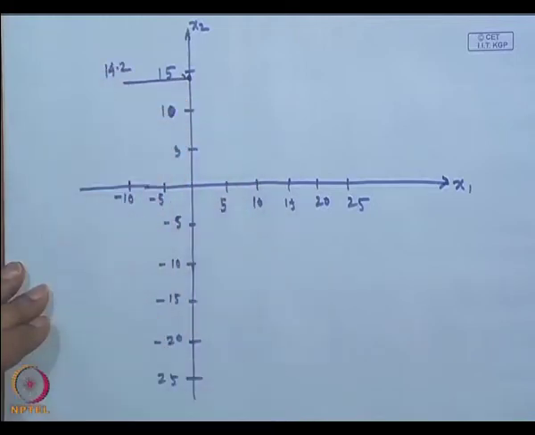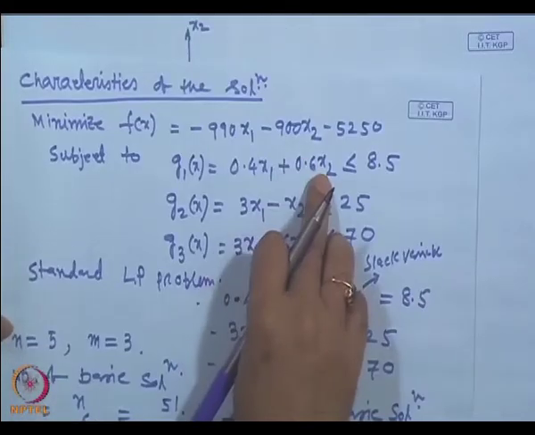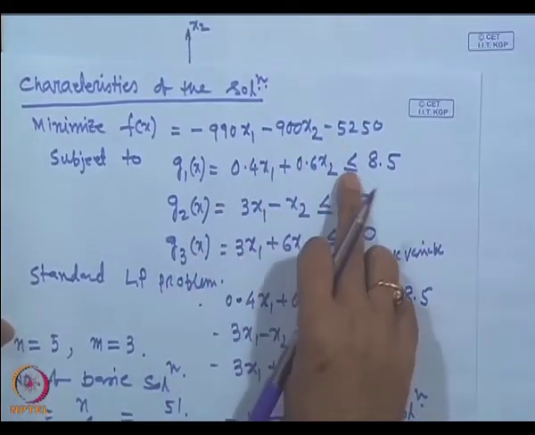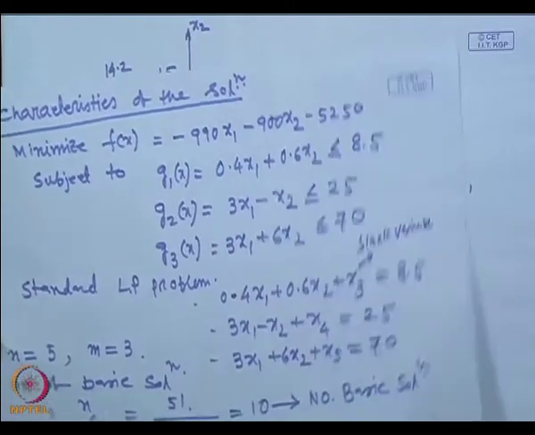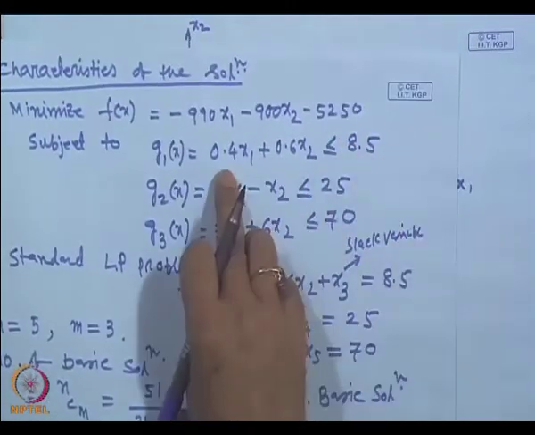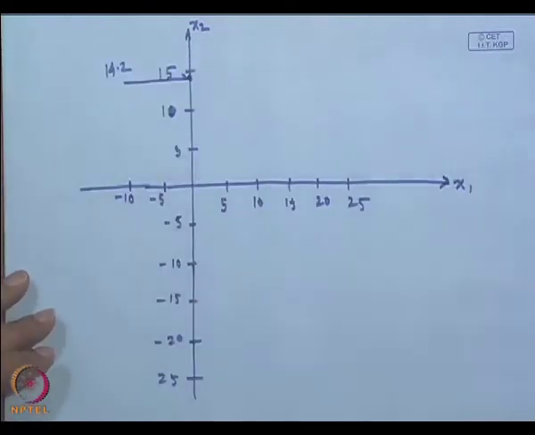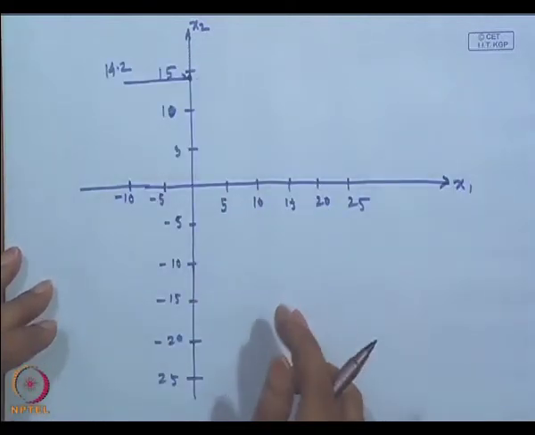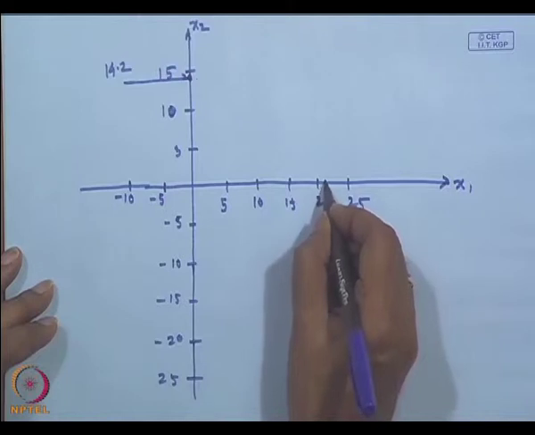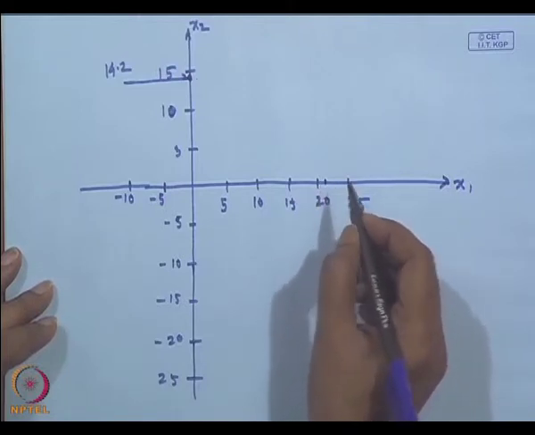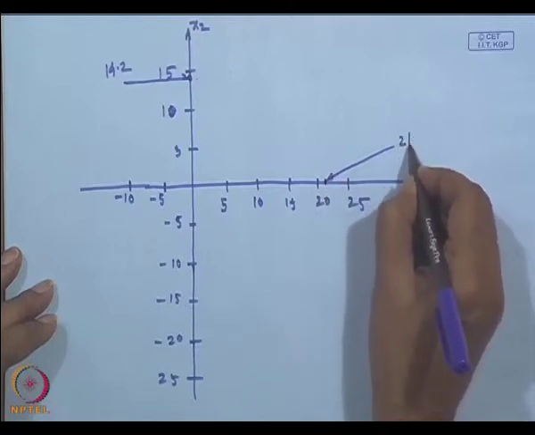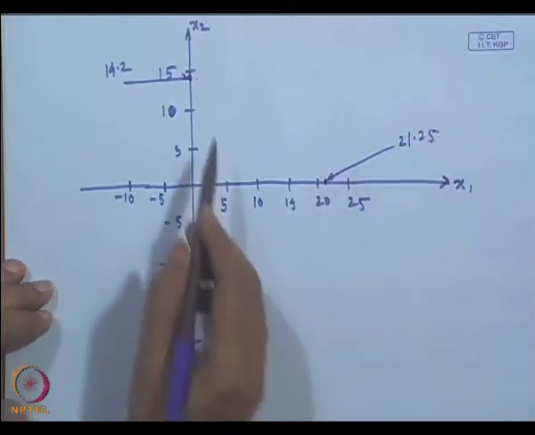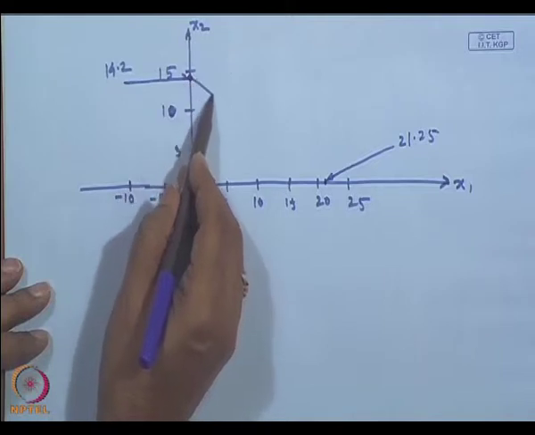When x 2 is 0, you plot that one with the equal sign, and it comes to about 8.5 divided by 0.4, which is about 21.25. So, this is your equation.